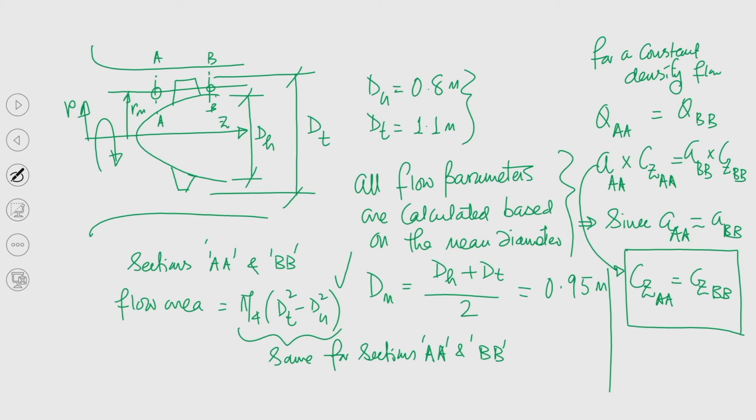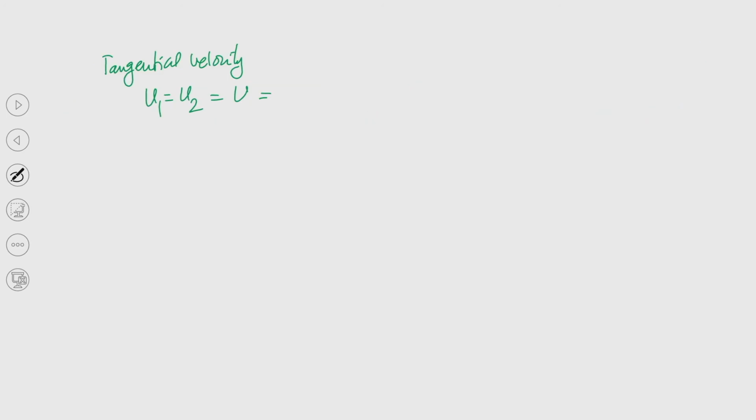So, now u1 and u2, those are the tangential component of velocity at the inlet and outlet, and that is equal to u. Since r1 equal to r2 equal to rm, this will be equal to u m, that is pi dm n by 60.